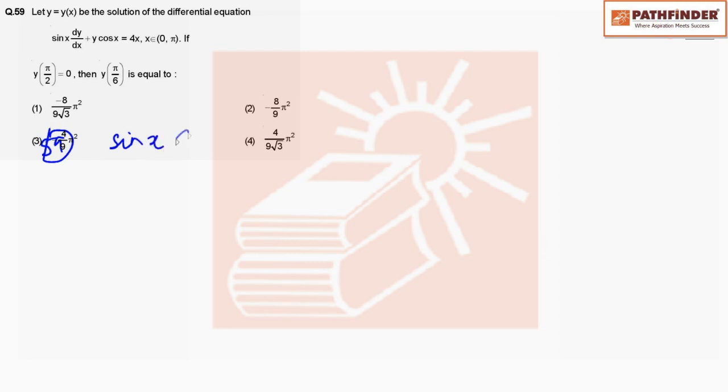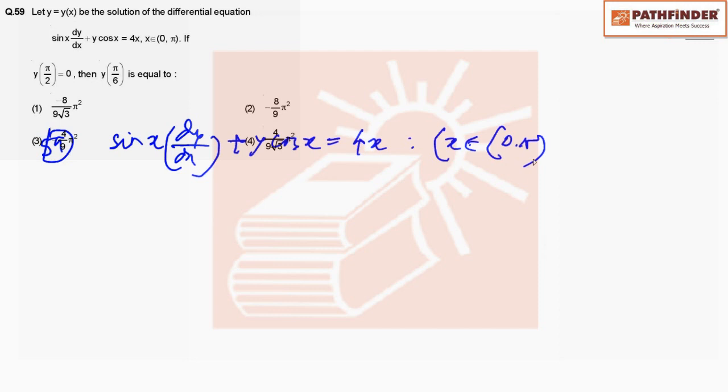Now this is question number 59, which is a question of differential equation. The equation is given: sin x into dy by dx plus y cos x equal to 4x, where x belongs to 0 to pi, and given that y of pi by 2 equal to 0, then y of pi by 6 they are asking.